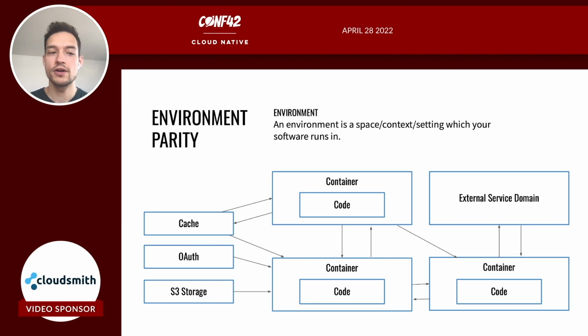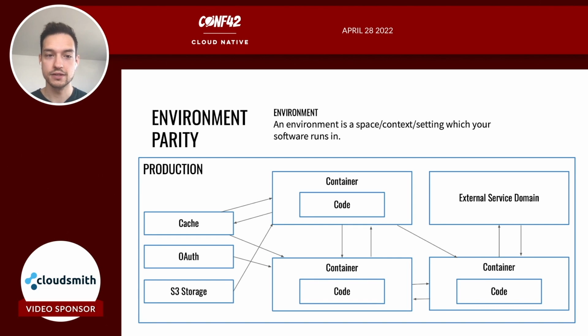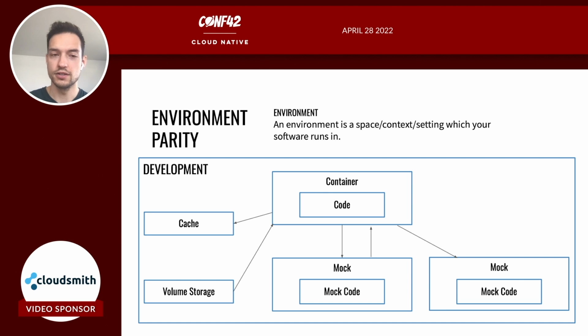However, there is more to a service-oriented architectural approach than just the runtime of your container, right? Your container may rely on some cache in the production system, some open authentication, there may be an S3 storage, there may be some external services which are woven into your architecture. Suddenly, you have a pretty different environment on your production side and your development side, right?